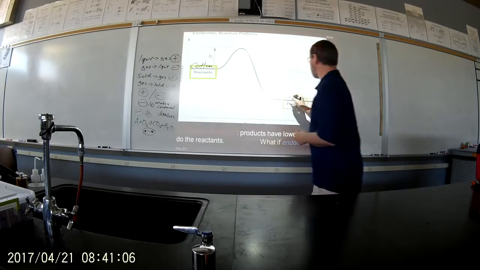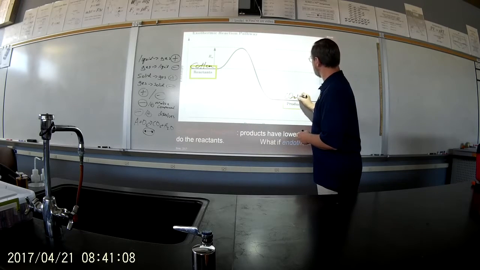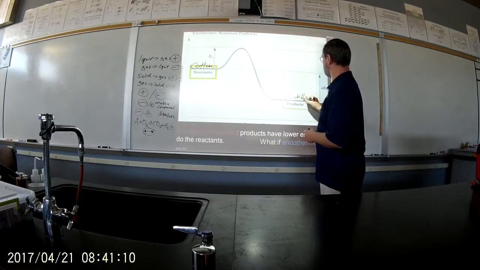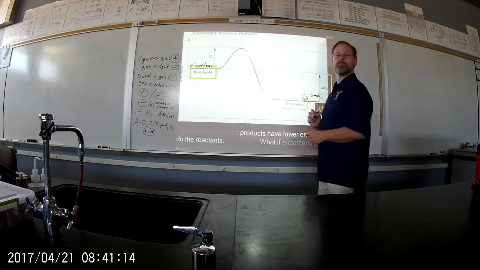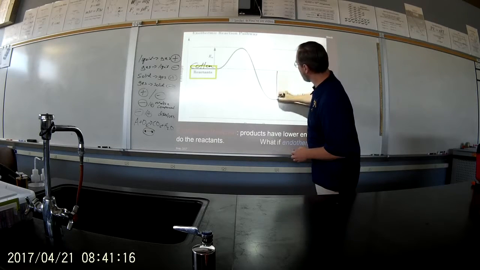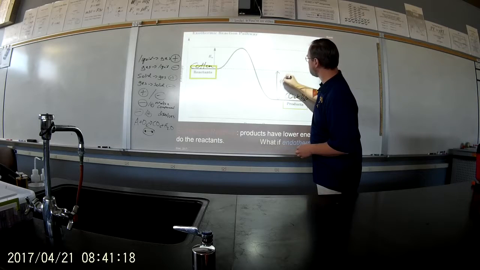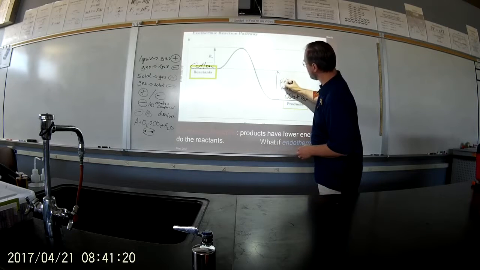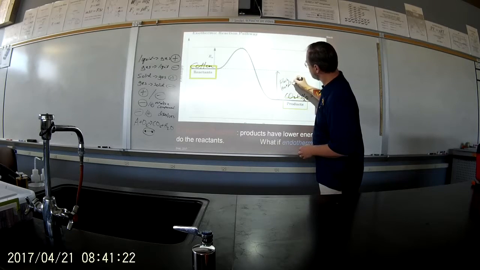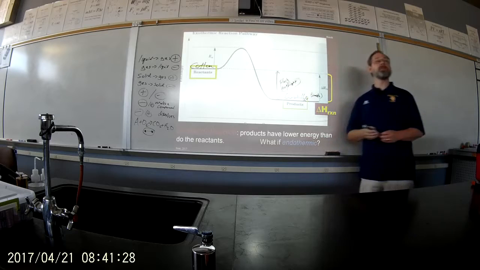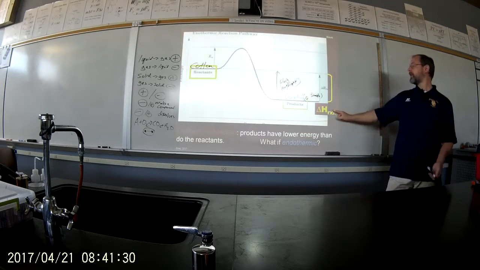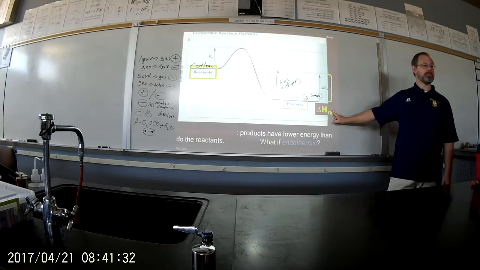This is CO2 plus H2O, smoke, if you will. And the difference between the reactants and the products is the flash: heat and light. So the difference between the reactants and the products is the delta H of reaction.